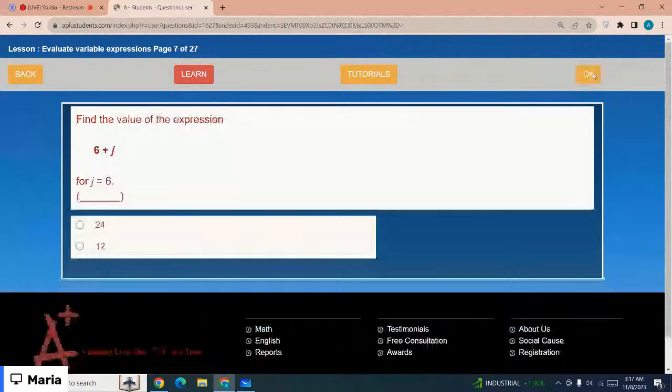Okay, the next one is find the value. So the correct option is you have to evaluate for j.